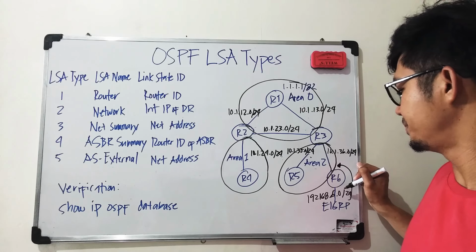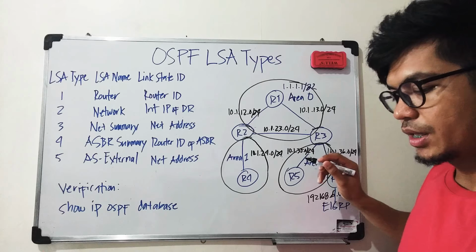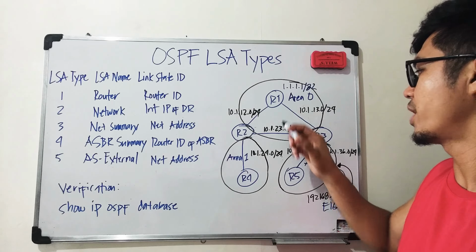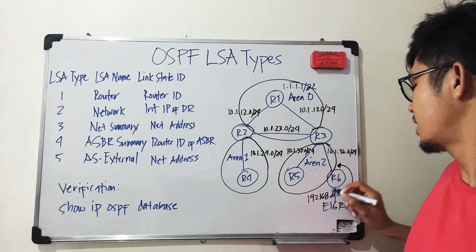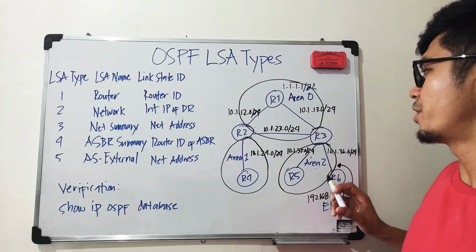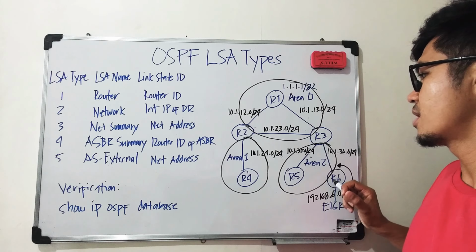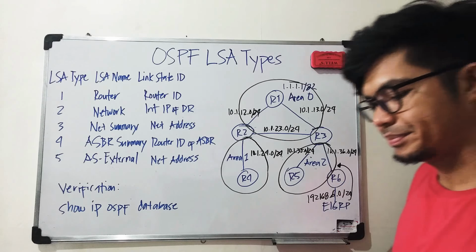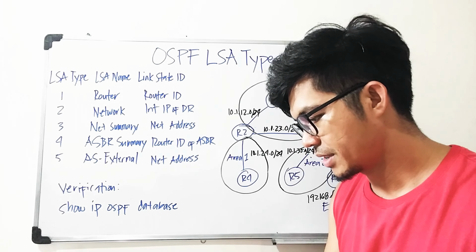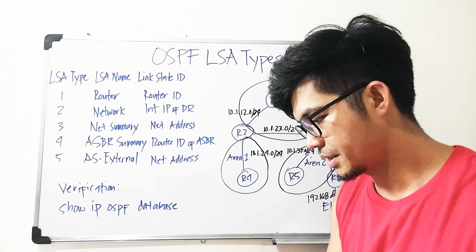So here, if you do a show IP OSPF database on R1, you will see that this network here is being advertised or originated by R6, which is the ASBR router. Let me just actually confirm that. I think that's the case.